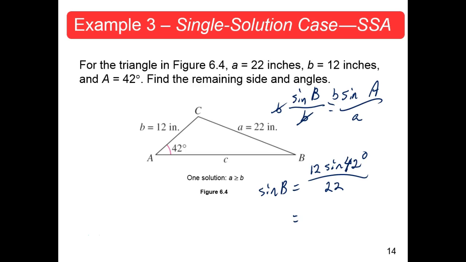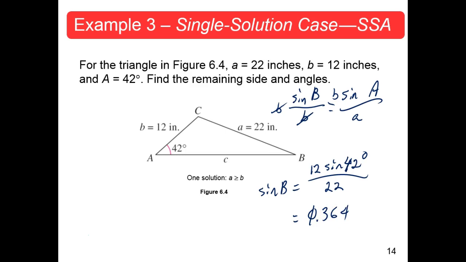Good thing to be sure. 12 times the sine of 42 degrees divided by 22. .364. Is that what you said?